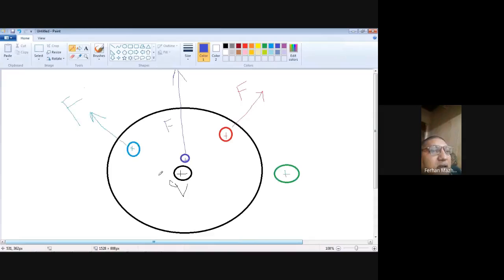And whatever is the force experienced by this unit positive test charge, that is the electric field strength at that point. So I'm telling you two things: how to find the direction of the electric field and how to find its strength. Do you understand this idea?